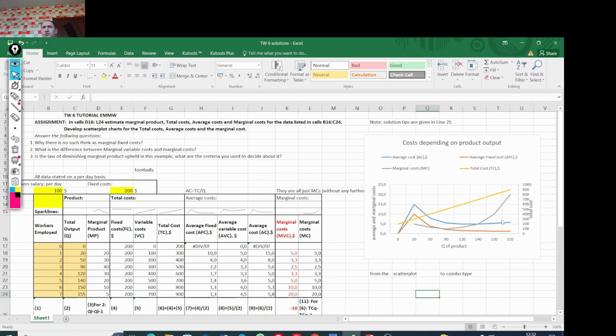Okay, so the legend goes on top, and now we have different types of costs plotted depending on the product output. Everything except for the yellow line, the three charts, relate to either averages or marginals according to the legend, but the yellow line is your total cost line, and the total cost line has a separate projection on a secondary axis because it projects big amounts. And here we have averages and marginals, which are small amounts, not hundreds, but just tens of dollars.